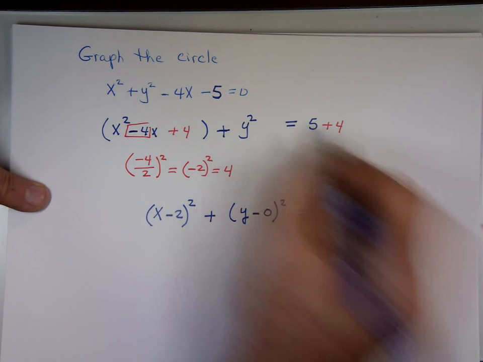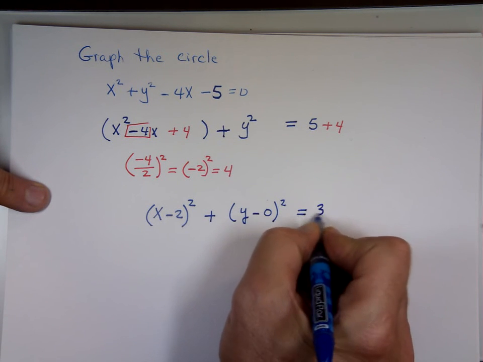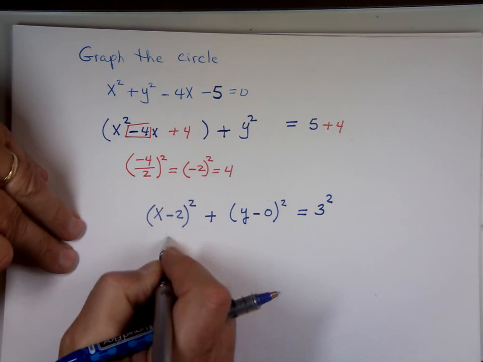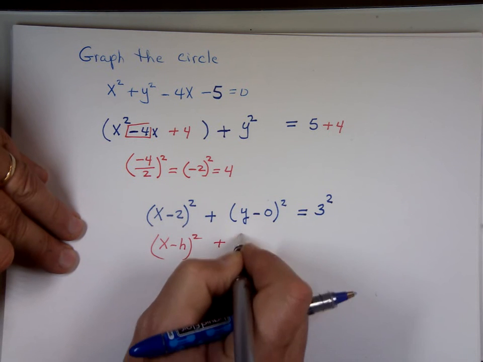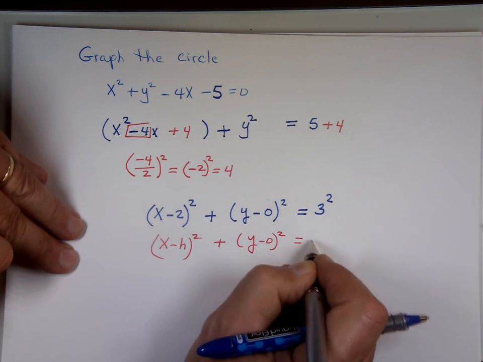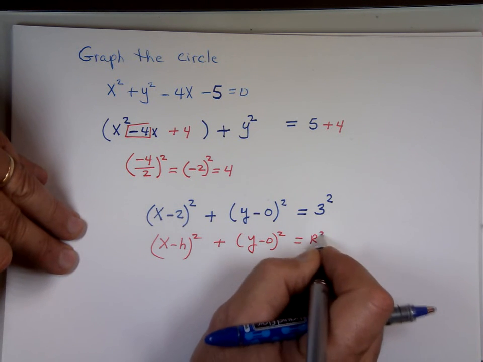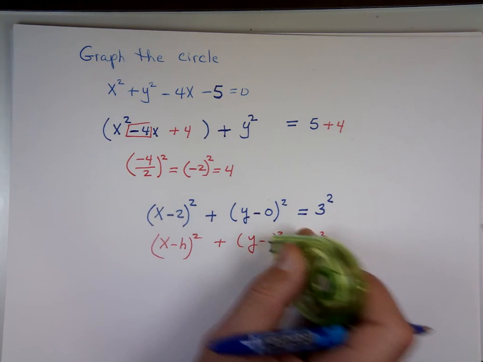And you can write the 9 as what? 3 squared. Does that look like the standard form now? It matches x minus h squared plus y minus k squared equals r squared. K is 0, but I gotta write k here.